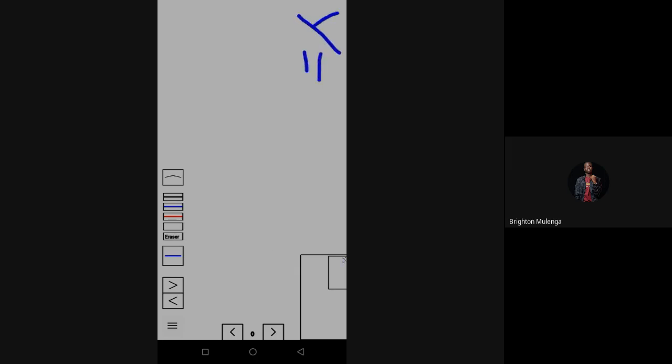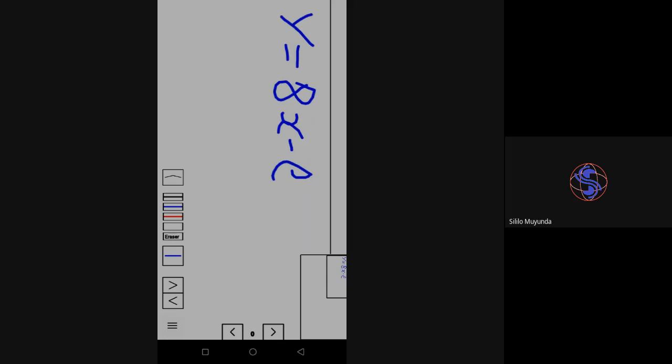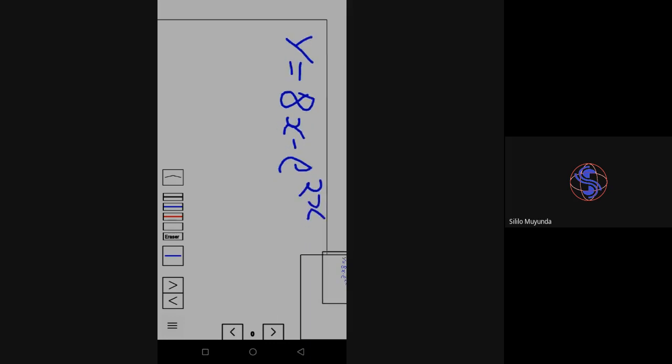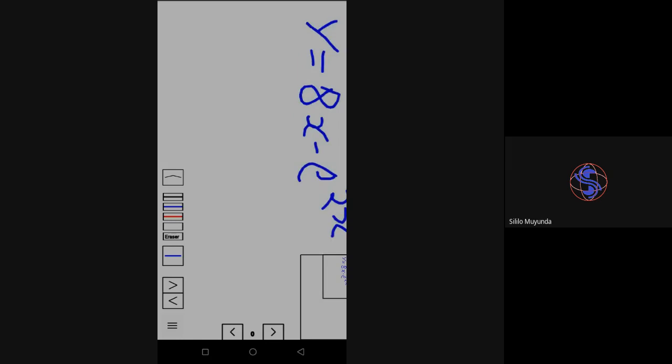Y is equal to 8x minus e to the 2x. Is e unchangeable? I want to change my mind.